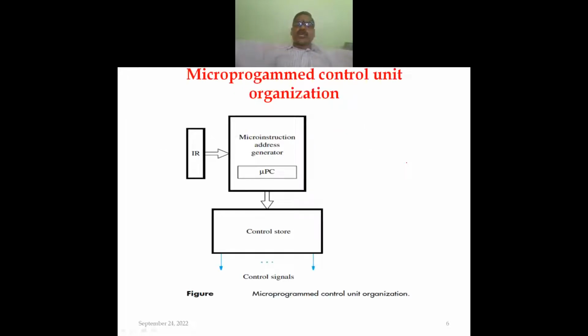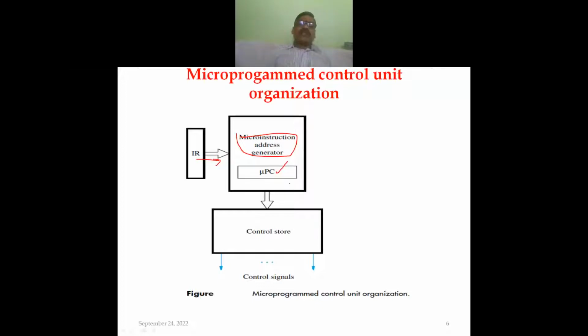Now the microprogrammed control unit organization. We have the microinstruction address generator, and whatever address it generates will be placed in a micro PC register. The input to this address generator comes from the IR register.